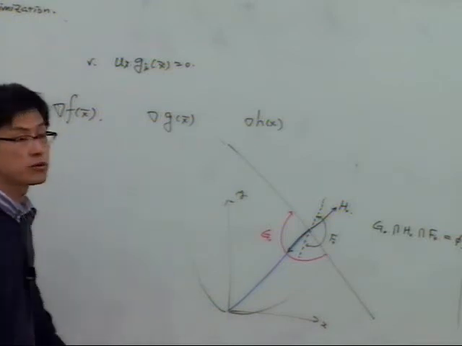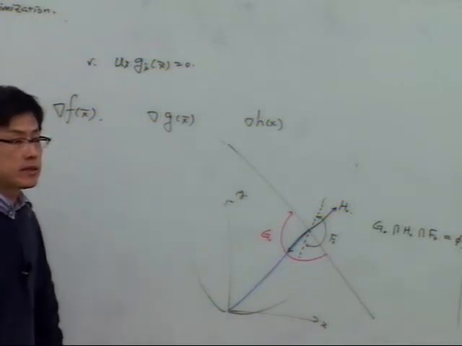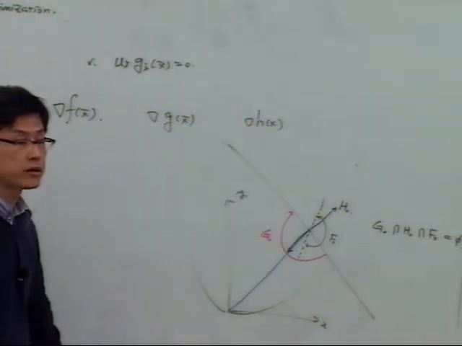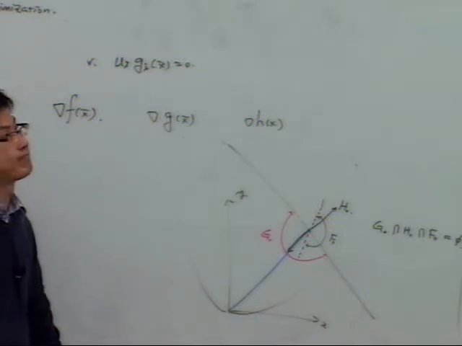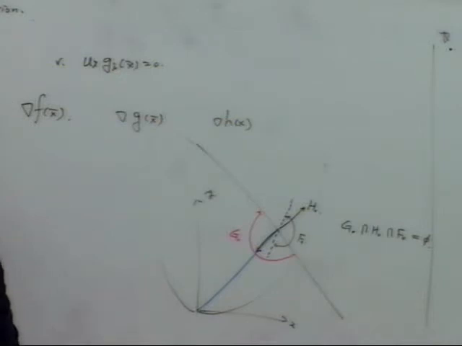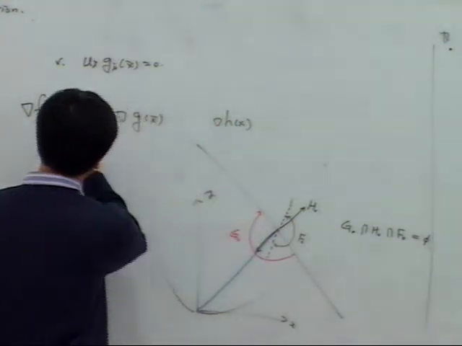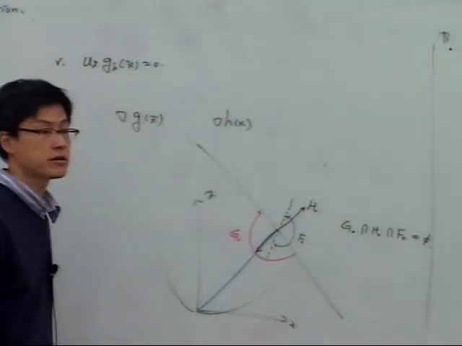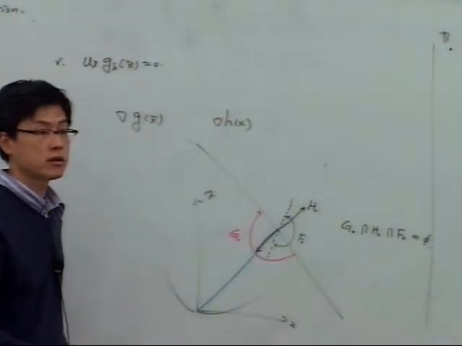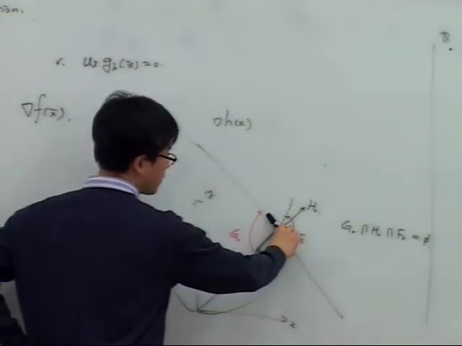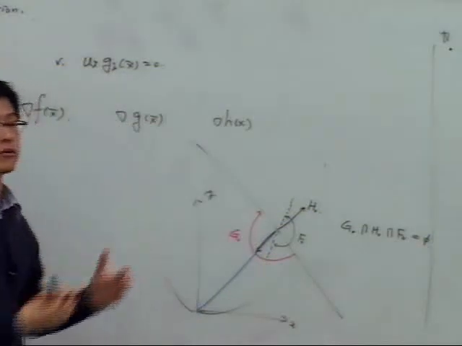This one includes the descent direction information. This one includes the inward direction of your constraint. And this one includes the tangential direction of your equality constraint. The gradient of f means if you go in this direction, the f0 direction, the function value will be decreased. With g, you can only move in this direction because you're bounded.